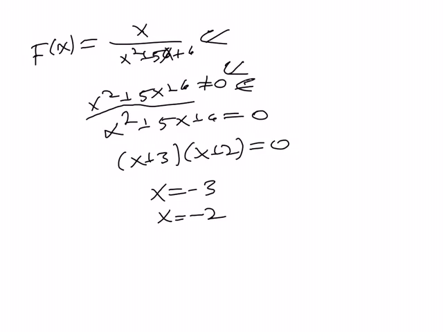But in both of these cases, let's look at this function. We have the limit as x goes to negative 3 from the left of x over x squared plus 5x plus 6.